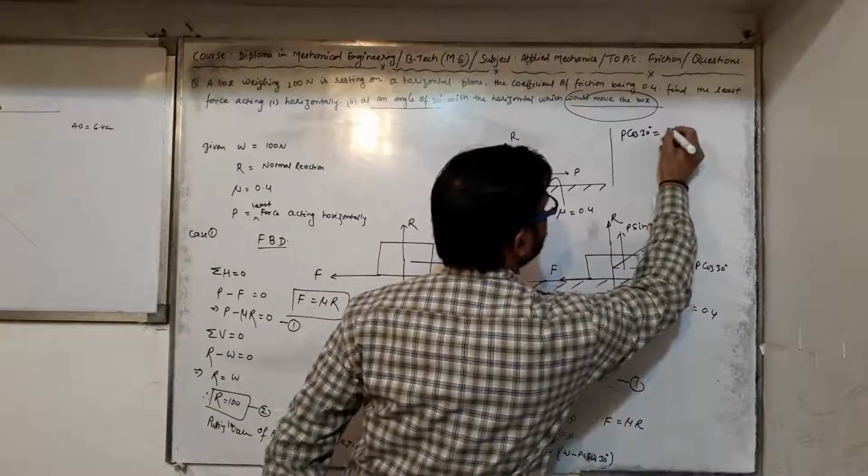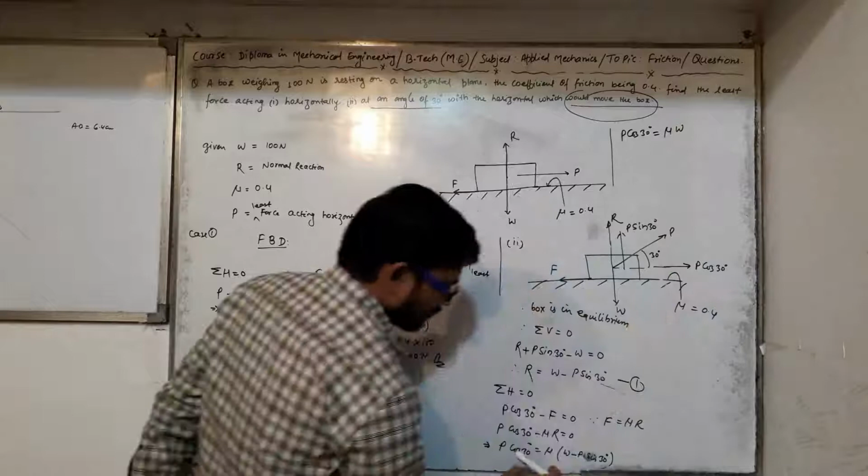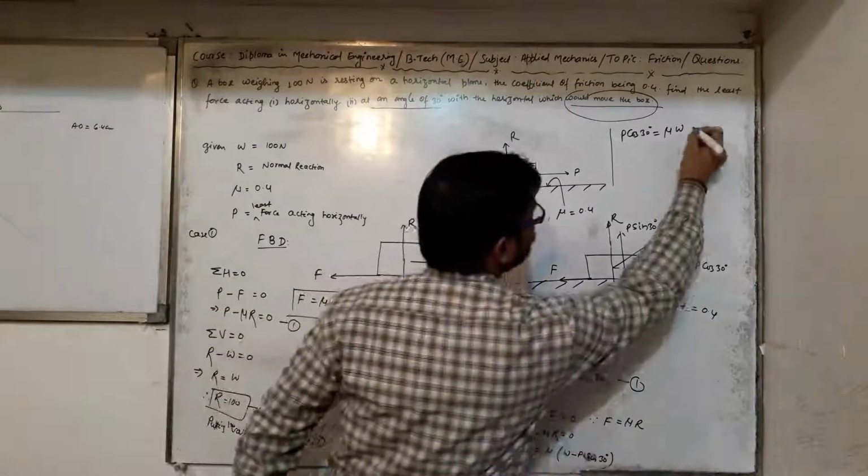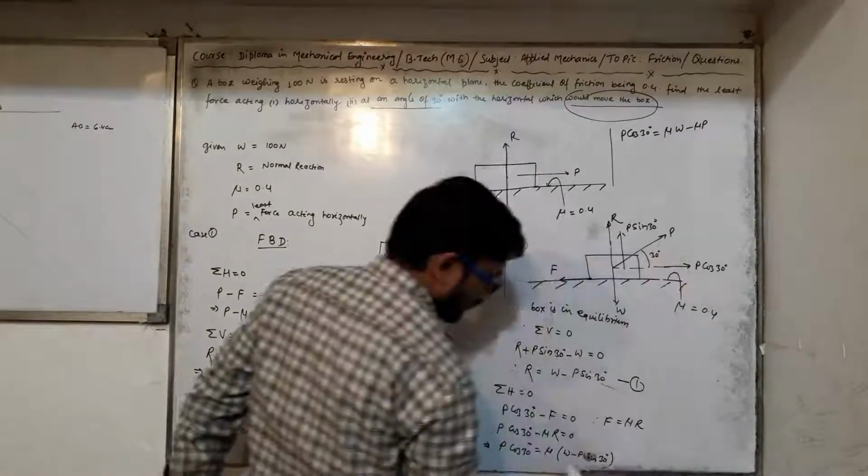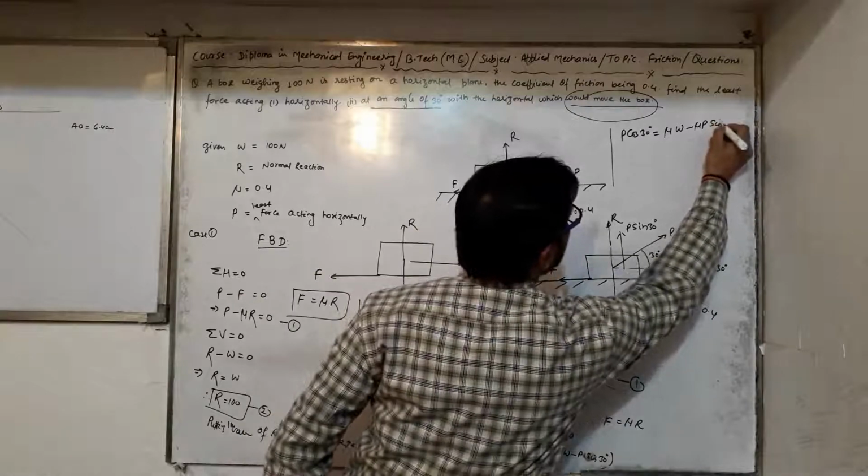One more step: mu times W minus mu times P sine 30 degree.